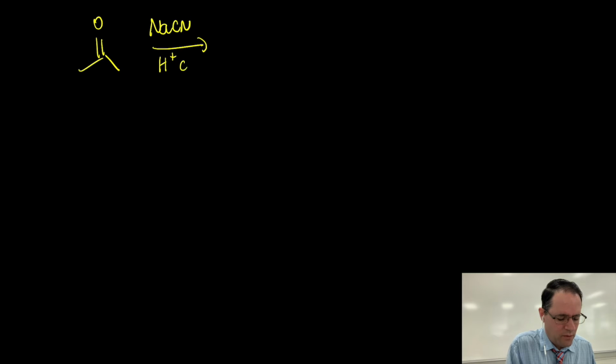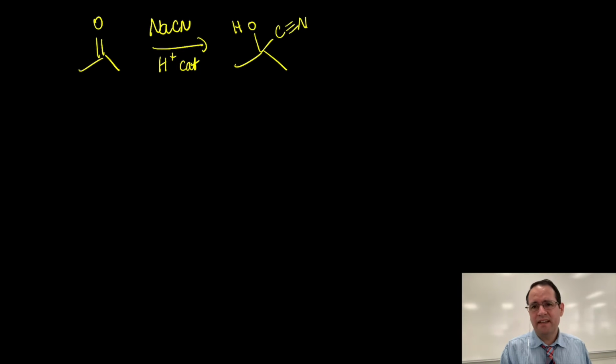What can cyanohydrins be used for? If you take acetone and you treat this with sodium cyanide with catalytic amounts of acid, you'll form the cyanohydrin as we mentioned. A cyanohydrin has a carbon-nitrogen triple bond.